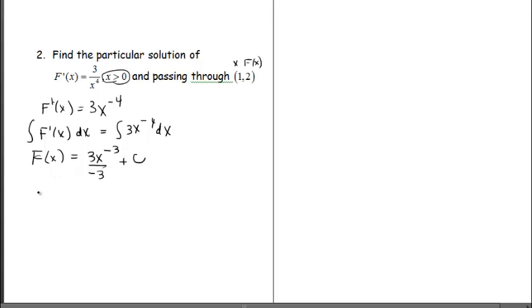So 2 equals, that'll cancel. Then I'm going to have negative 1 over x cubed, and x is 1, so that's just 1 cubed, plus c. So 2 equals negative 1 plus c, c equals 3.